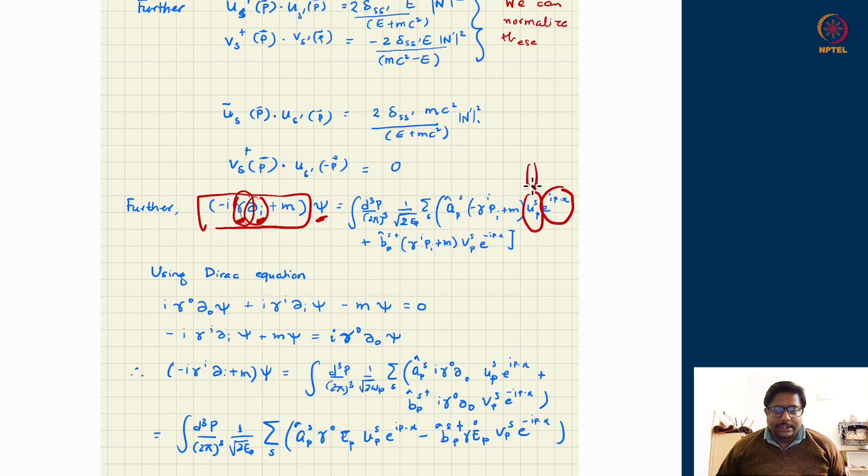This is a column vector. So these operators together do not see anything else. They go right across the integration up to us. One part is behaving like a vector to be hit upon by gamma i's, and one part is behaving like a function to be hit upon by delta xi. And similarly for the second part as well, the operator will go inside and hit that as well.